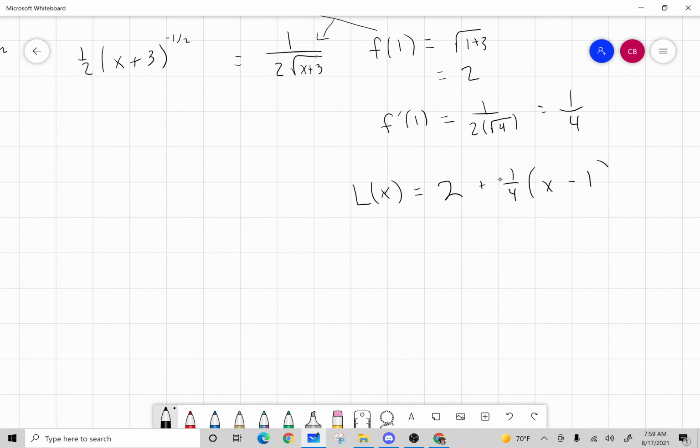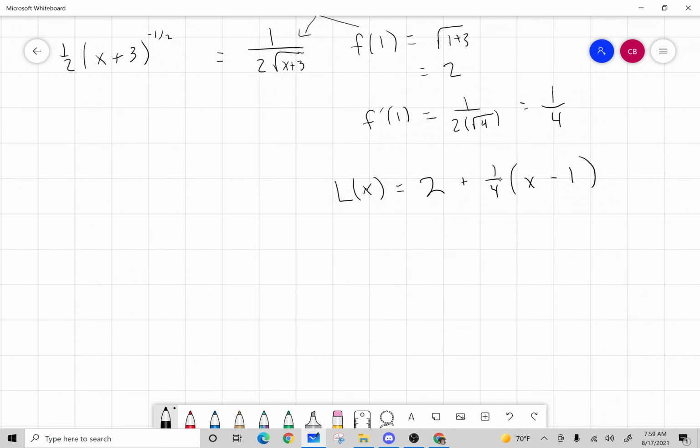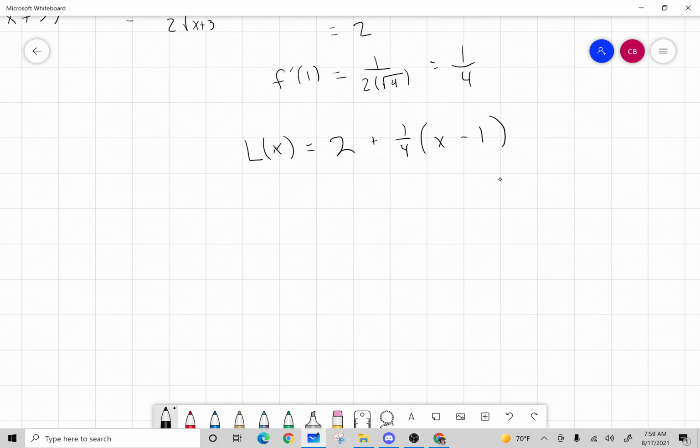If we distribute this out, we have 2 plus 1/4 x minus 1/4. 2 minus 1/4 would be 7/4, plus 1/4 x. So that is our value.